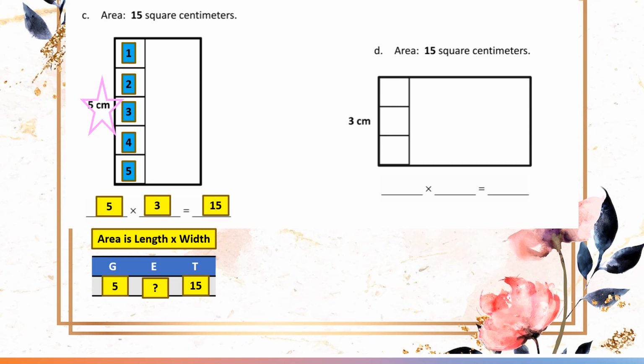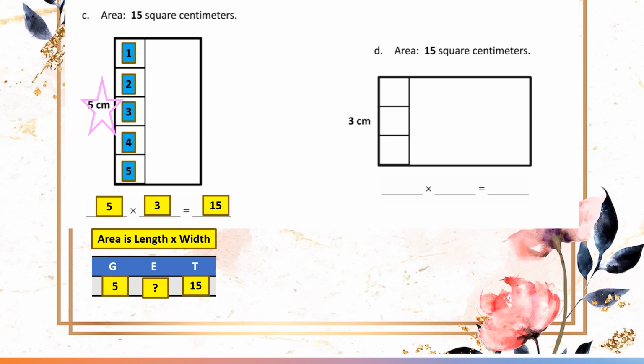Now, let's go ahead and move on to letter D. If this looks familiar, it's because letter C and letter D have the same area. It's just that one rectangle is vertical or straight up and down, and the other rectangle is horizontal or side to side, right?